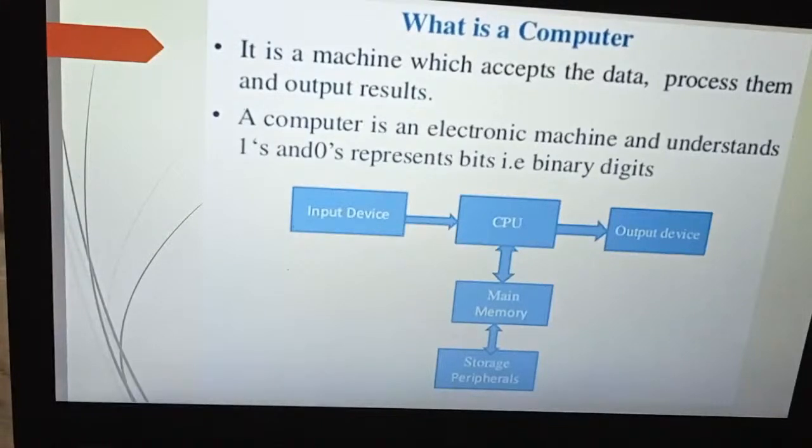It is defined as the smallest unit of data on a binary computer or digital system. It holds either 0 or 1.